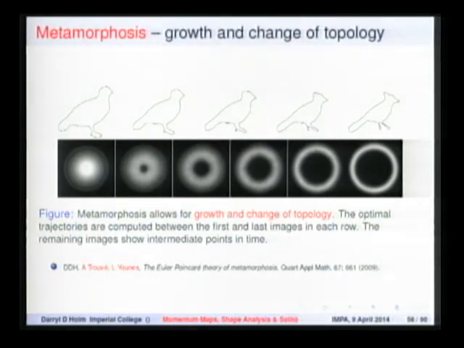Metamorphosis allows for growth and change of topology. In fact, one of the examples was for this bird, it changes from a dove to a jay. At some point, any point we wanted to, we could put an eye into the bird, right? Change the topology. This one here is a change of topology. That's how we would put the eye in.